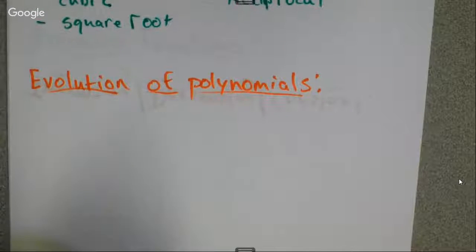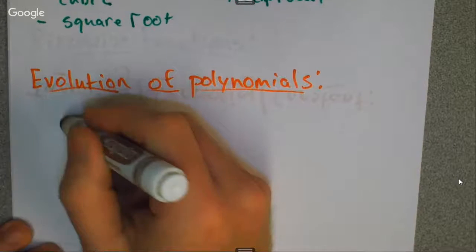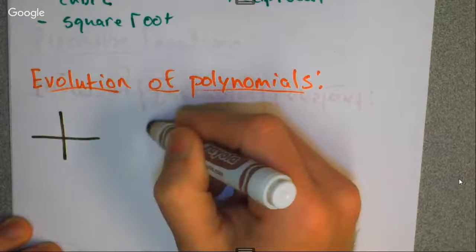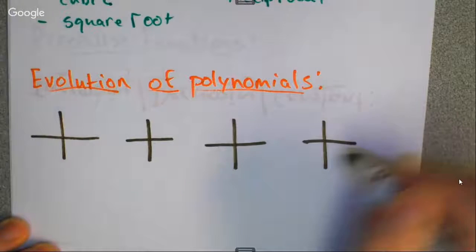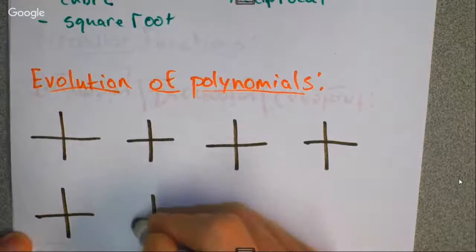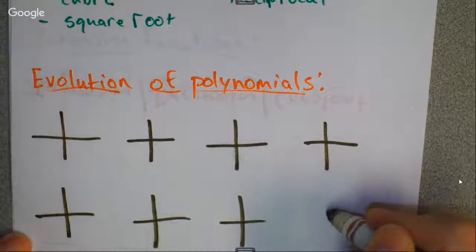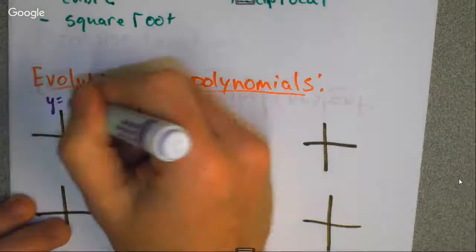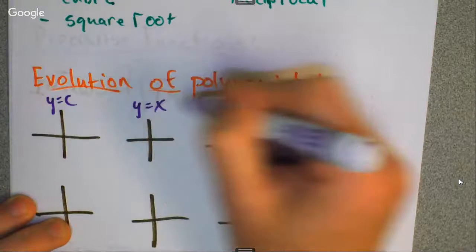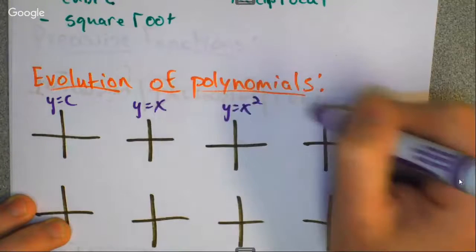So I first want to talk about the evolution of polynomials. And this will help out a little bit as you see polynomials in graphs. Okay, the first thing we start with is a constant. So we'll say y equals c, y equals x, y equals x squared.